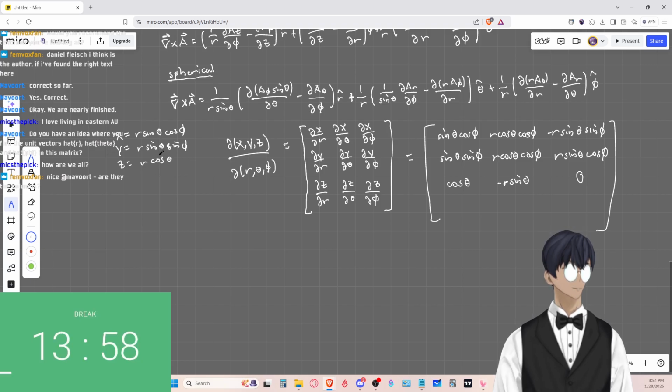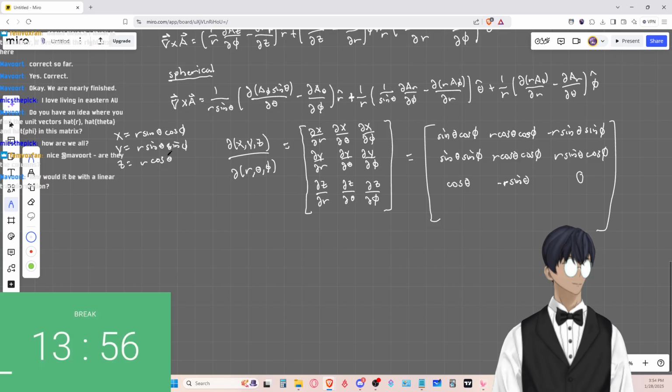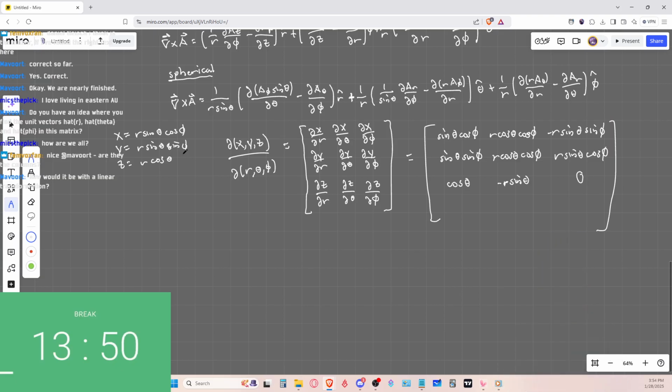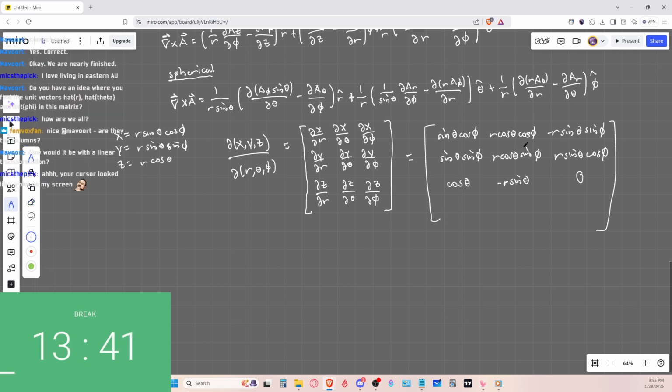I just want to make sure I did everything right here, because I feel like there's something off. Yeah, there is something off. I think I did something off here. Yeah, it's because this is not supposed to be cosine. It's sine. Yeah, and this is sine.